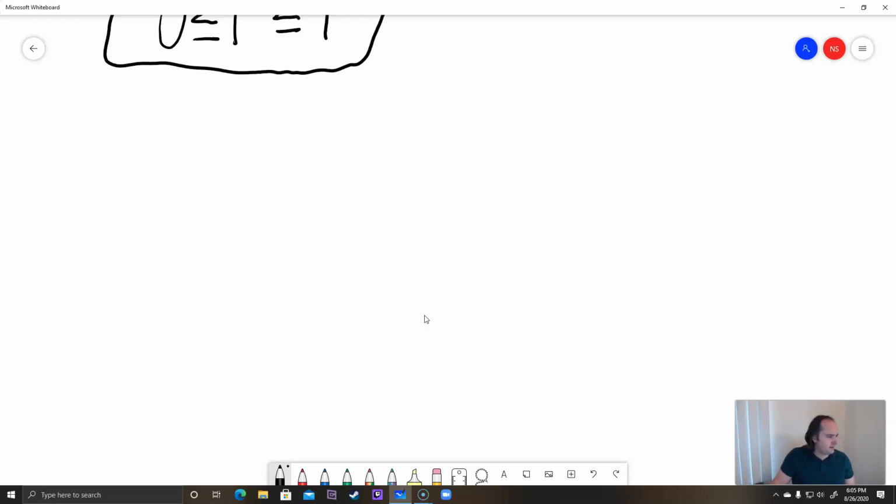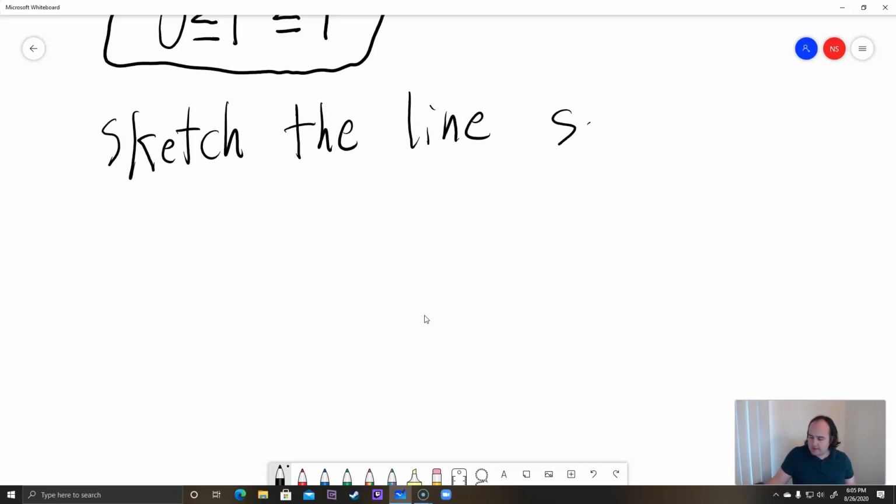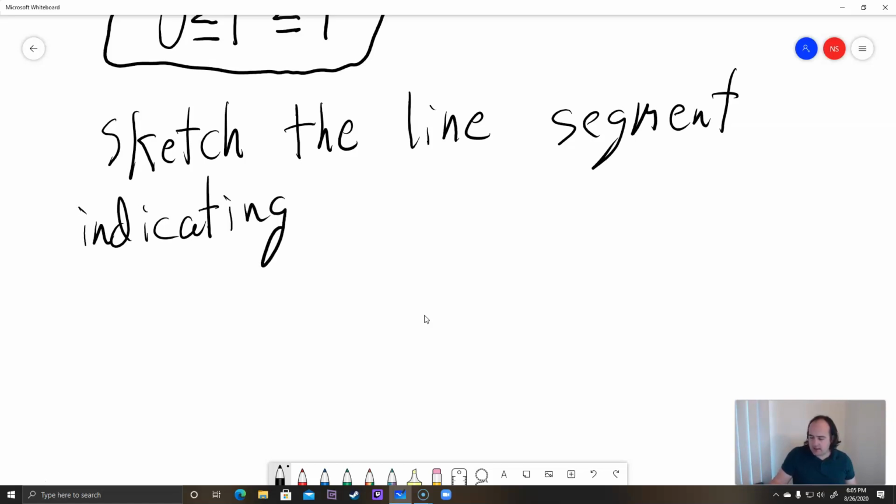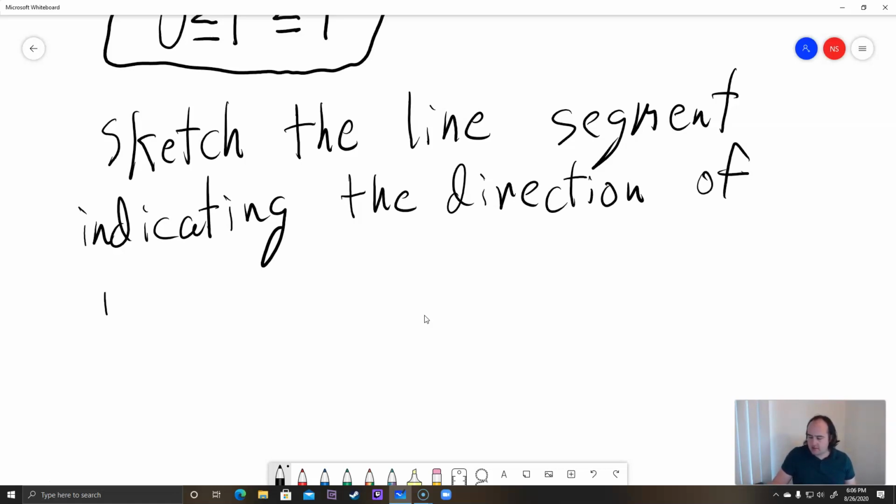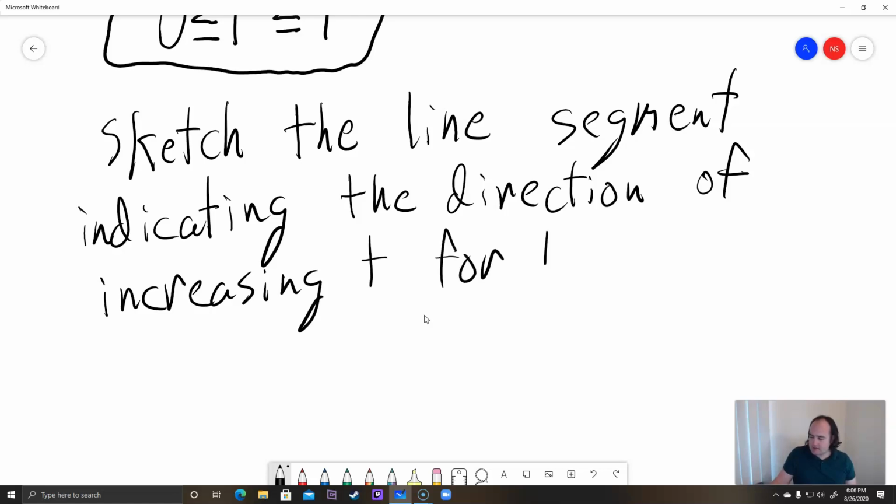They want us to sketch the line segment, and we want to indicate the direction of increasing t for the parameterization.